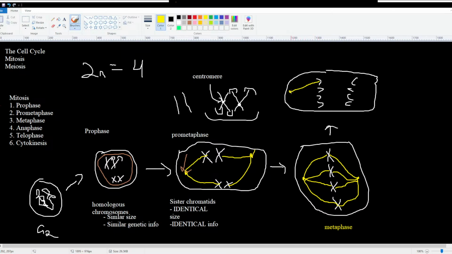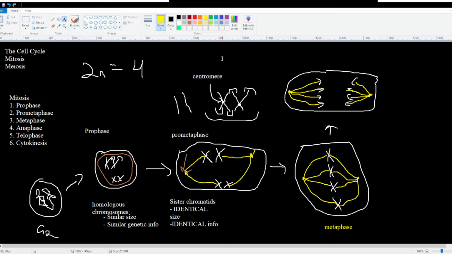So what does this mean for the cell? It means that these sister chromatids would now be considered chromosomes because they're now separated. These are identical copies of one another. If anything, they should be called twin chromatids, but anyway, I'm not a scientist.